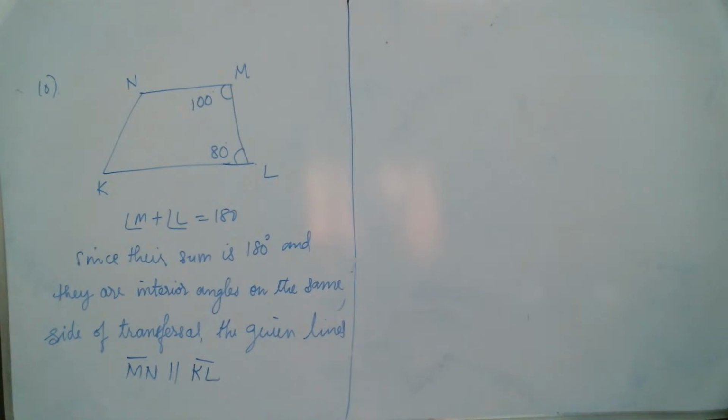After this, we are having two more questions. Find the angle C in the figure if AB is parallel to DC. That question can easily be done. And question number 12 is also a very easy question. Questions number 11 and 12 are easy questions. So all of you try to do those questions on your own.